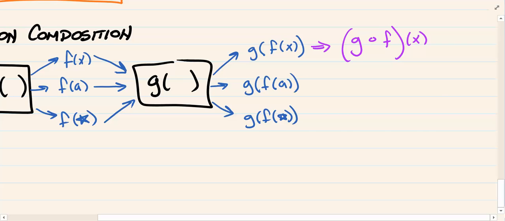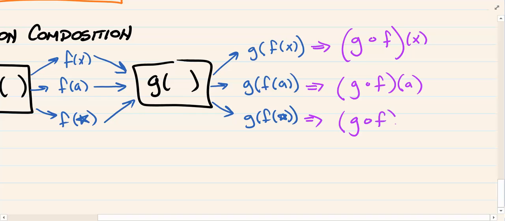The notation we say is g of f of what, you guys? A. And then do the last one for me. G of f of star. So you have to realize that in this particular case, x is inside of f, which is inside of g.